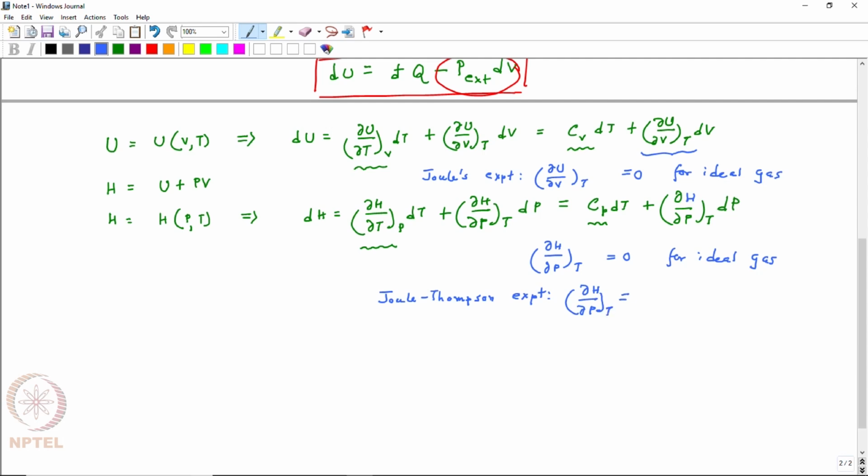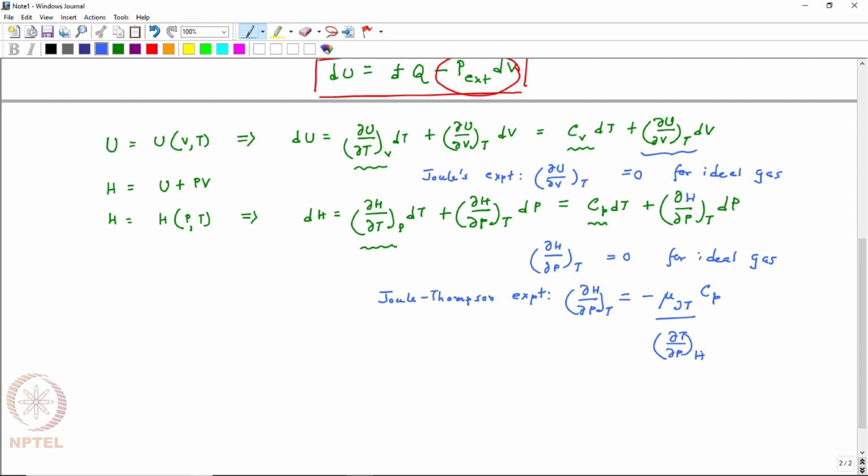If you remember, the final expression for the Joule-Thomson coefficient was something like μJT into Cp, where Cp is the heat capacity at constant pressure and μJT is the Joule-Thomson coefficient, which was identical to the temperature drop per unit pressure at constant enthalpy. So that gave us an equation to measure the quantity (∂H/∂P)T.